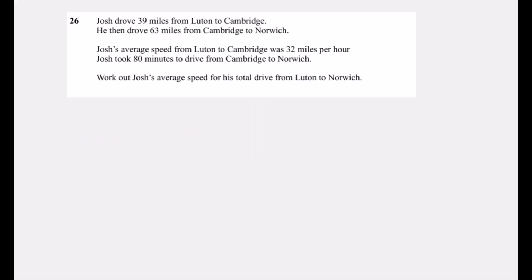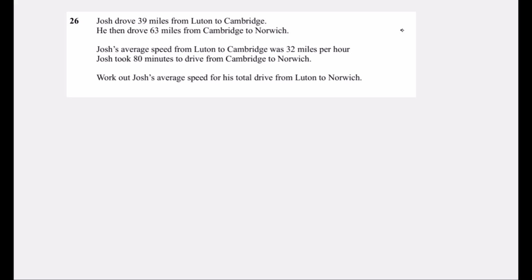Question 26. Josh drove 39 miles from Luton to Cambridge. He then drove 63 miles from Cambridge to Norwich. Josh's average speed from Luton to Cambridge was 32 miles per hour. Josh took 80 minutes to drive from Cambridge to Norwich. Work out Josh's average speed for his total drive.